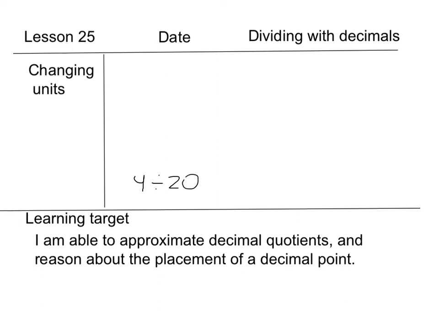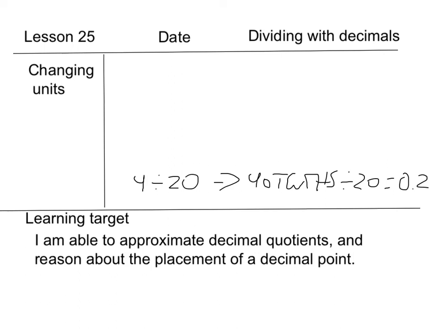And we just said, well, 4 is the same thing as 40 tenths divided by 20. And 40 tenths divided by 20 is just 2 tenths, which looks like 0.2, which is 2 tenths. So not a big thing.